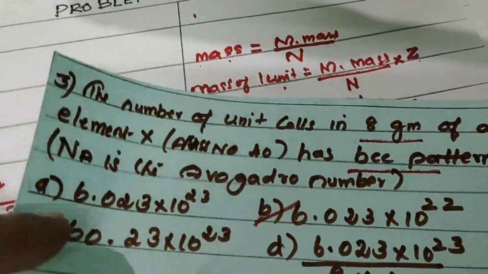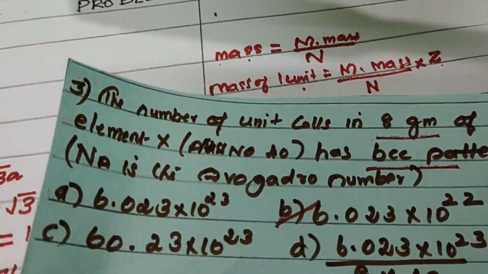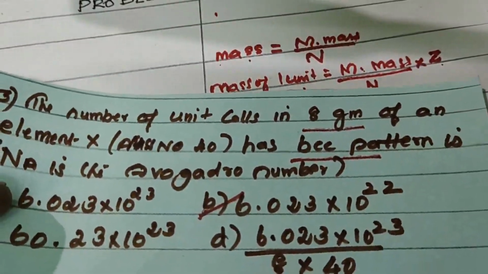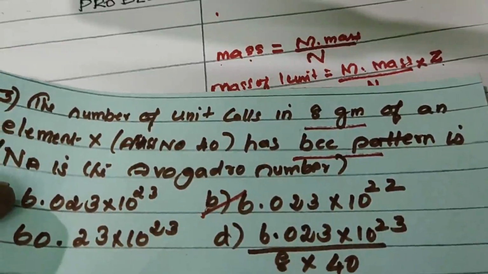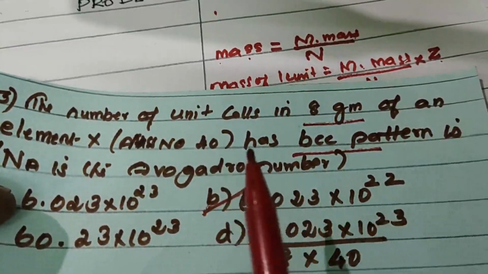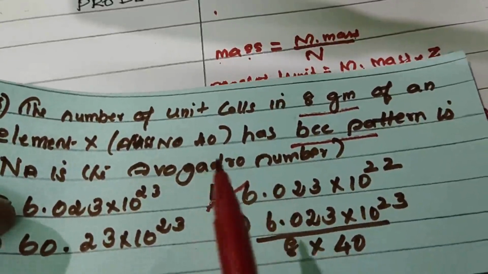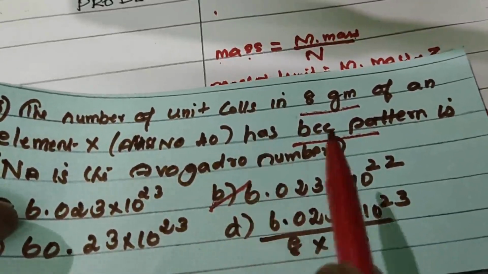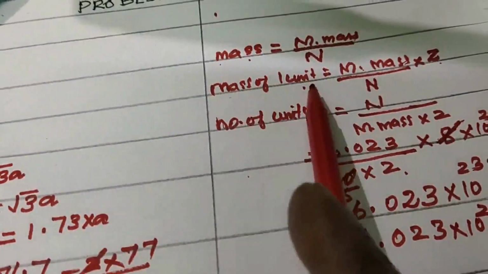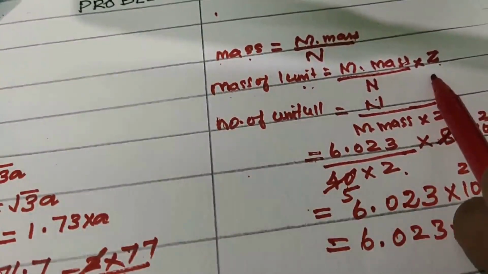So here, this problem is based on the calculation of density of the crystal. That is the middle step involved in the calculation of density. Here the number of unit cells in 8 gram of an element is calculated. First we know the formula for the mass of an element: molecular mass divided by Avogadro number. Then the mass of one unit cell is molecular mass divided by N into the number of atoms per unit cell.